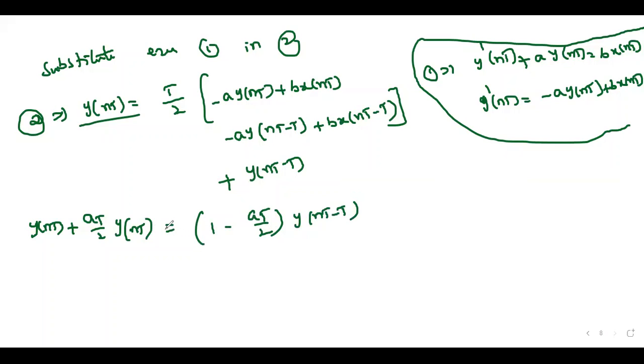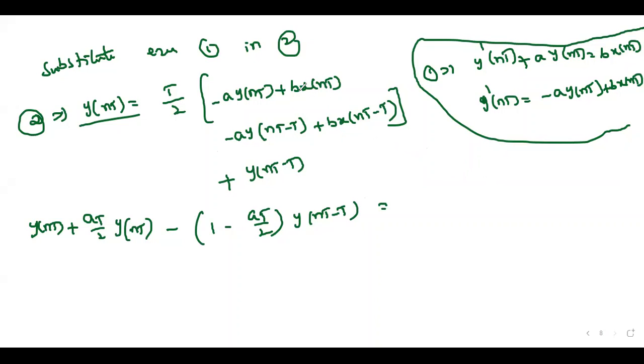And if you want, make all these y terms to the left side. Anyhow, we want y of z by x of z. So let us make all y terms to the left side, and all x terms on the right side.